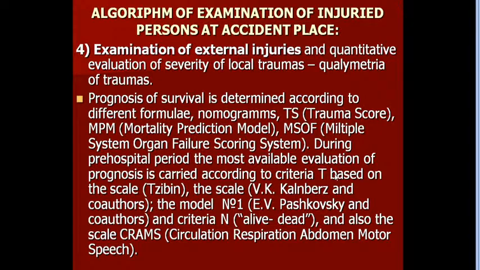Prognosis of survival is determined according to different formulas: nomograms, trauma score, mortality prediction models, and others. They may be divided into two types. First, it helps practicing doctors make a normal treatment program, and second, it serves as control over doctors. It may be the head of department, prosecutors, and others deciding whether patients must live or must die.